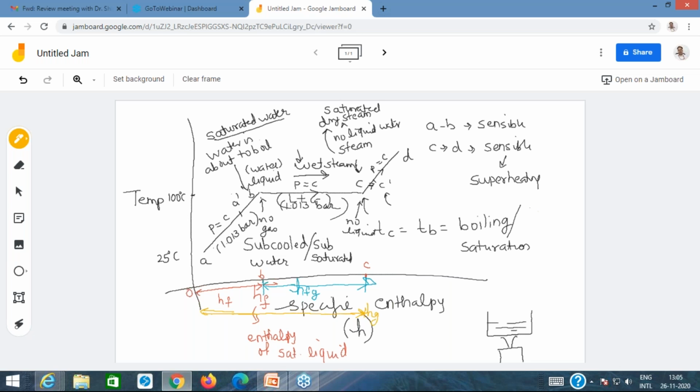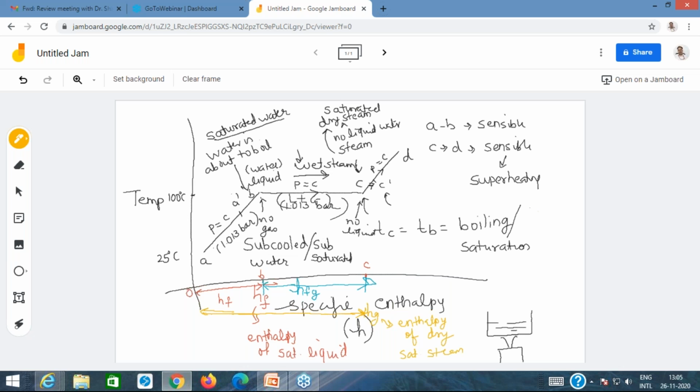This HG is called the enthalpy of dry saturated steam, because obviously the state C is the dry saturated steam. Yes, is this clear now? HG is the enthalpy of dry saturated steam.